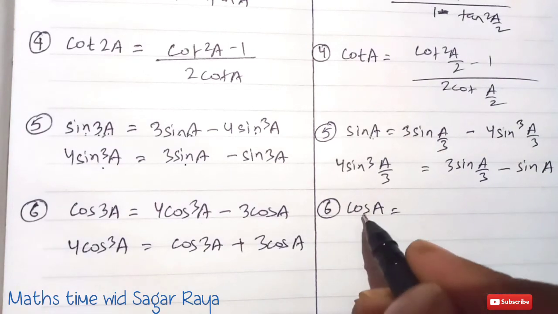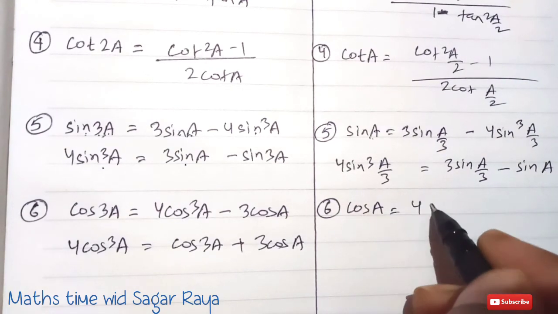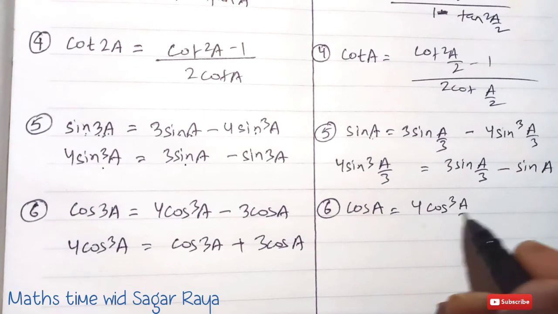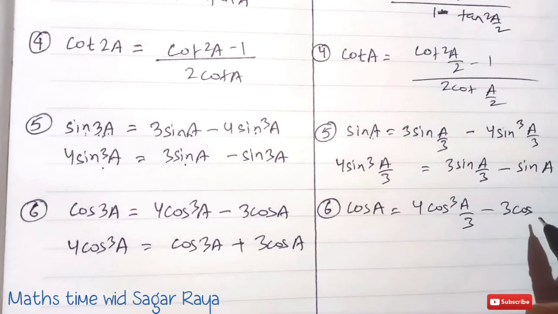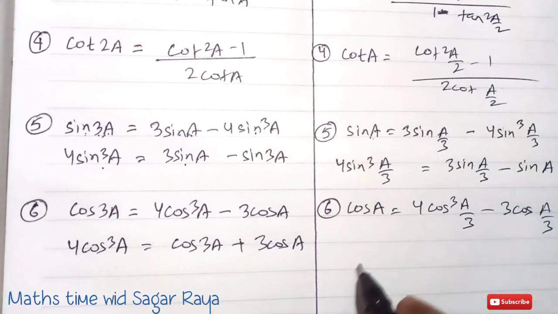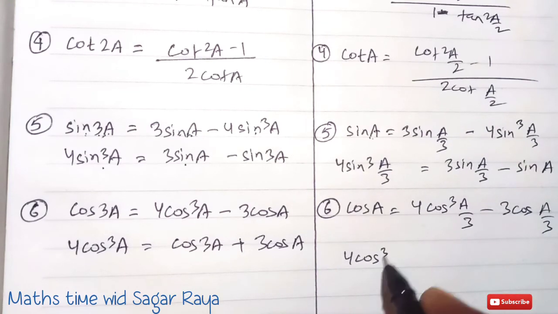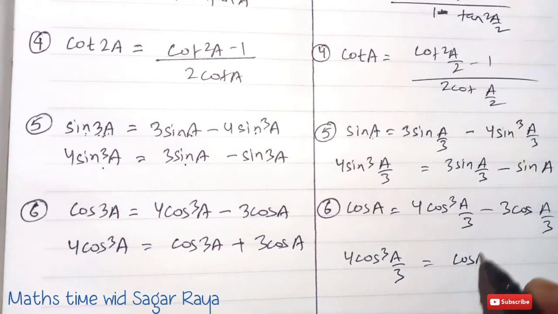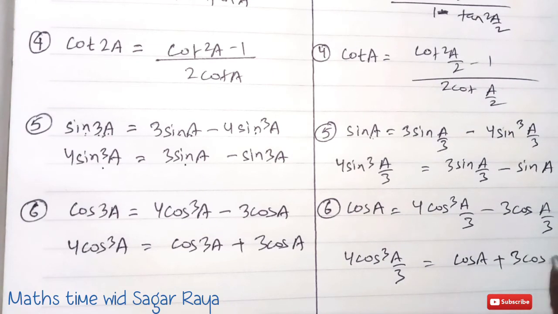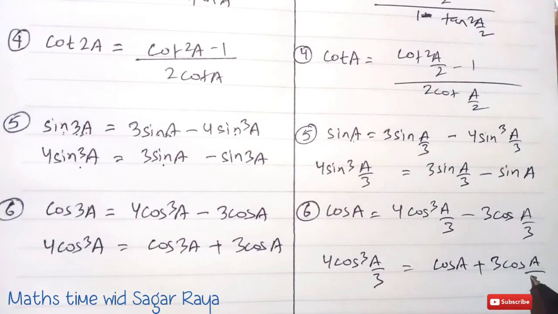And here also, instead of a we can write 4 cos cube a by 3 minus 3 cos a by 3. And instead of 4 cos cube a by 3 we can write cos a plus 3 cos a by 3.